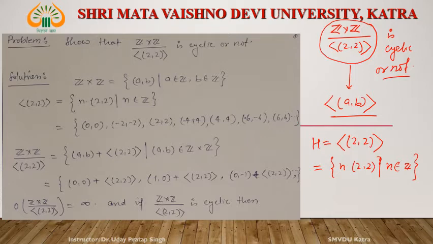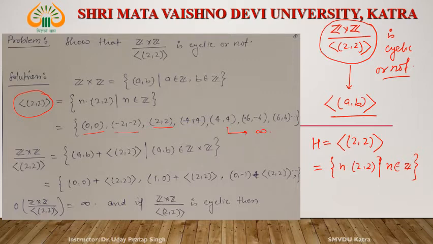If n is 0, then it is (0, 0). If n is 1, then it is (2, 2). If n is minus 1, then it is (-2, -2). Similarly, all the elements are generated by (2, 2), right? And the order of this is infinite.